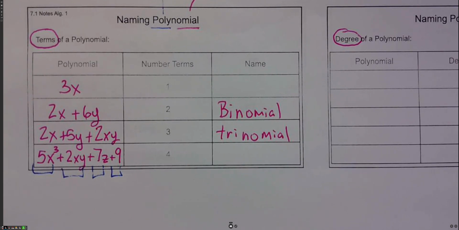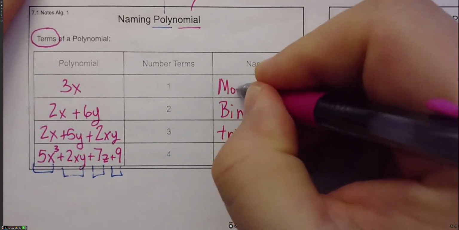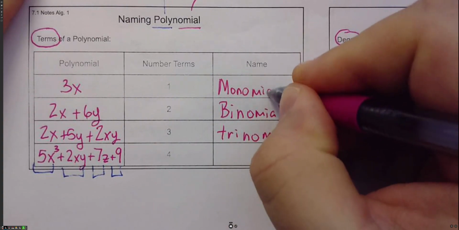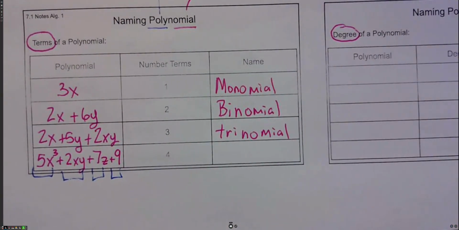Anyone know what the prefix for 1 is? Mono. Monomeal. If you eat lunch by yourself, that's called a monomeal. Just kidding, not really called that.